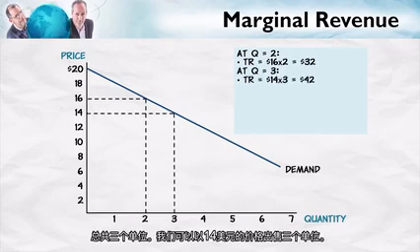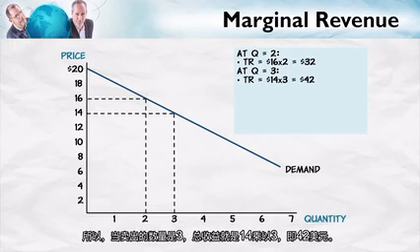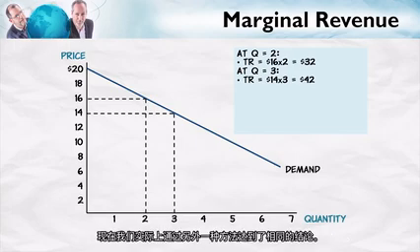We can sell 3 units for $14. $14 is the maximum per unit price we can get when selling 3 units. So when the quantity sold is 3, total revenue is 14 times 3, or $42. That means marginal revenue, the change in revenue from selling that additional unit, is $10.